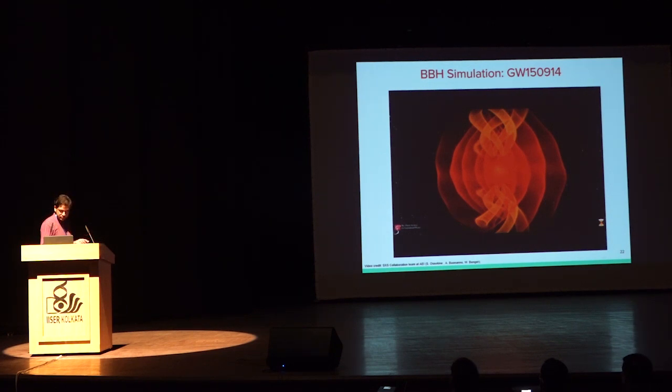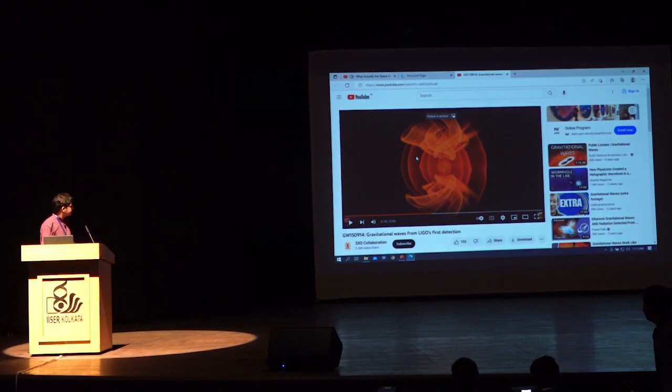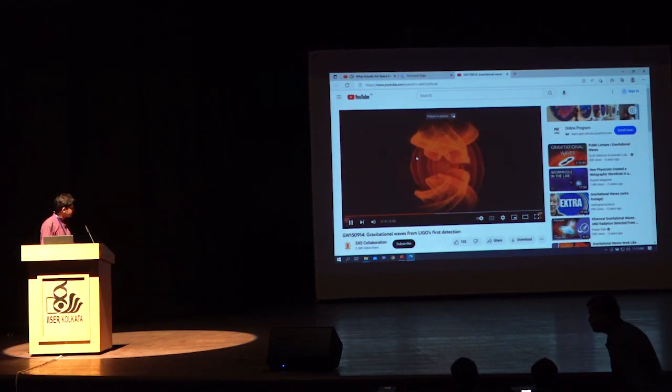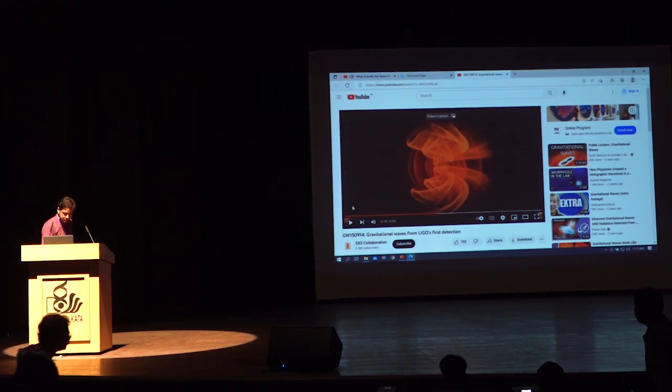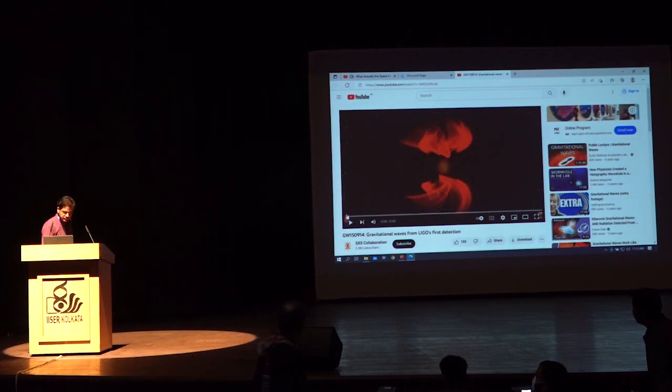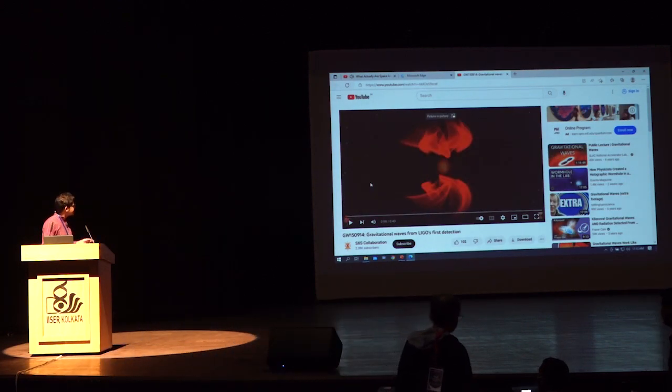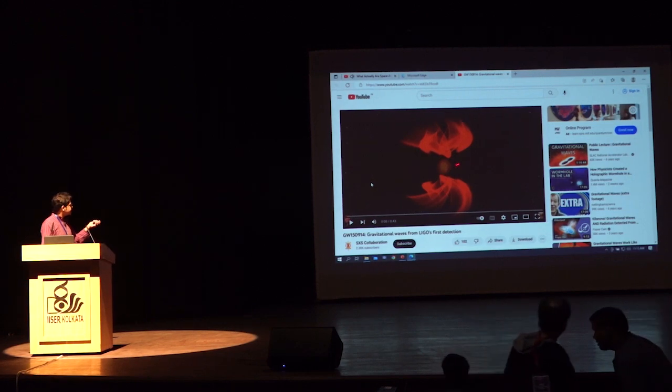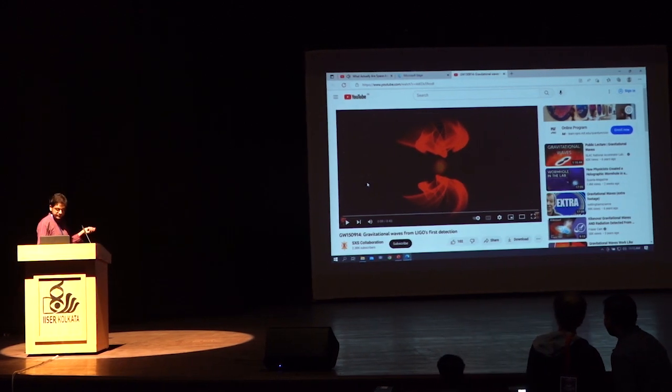Somehow it's playing on my screen and not the other screen. Okay, so we have a system of nearly equal mass black holes sitting at the center here.